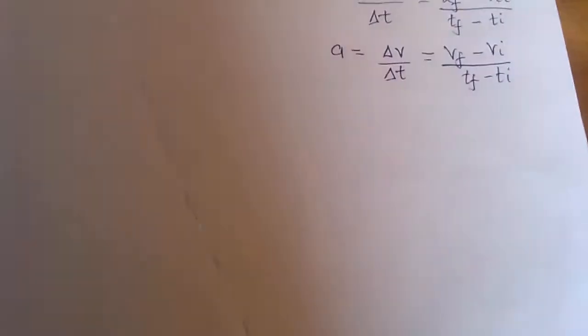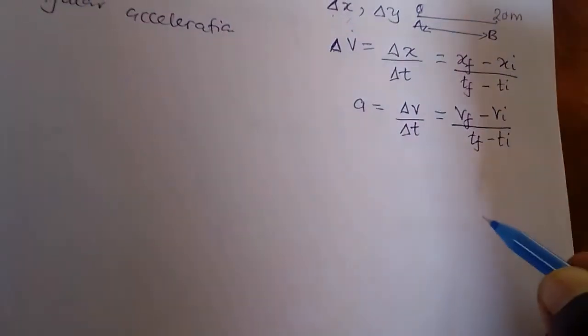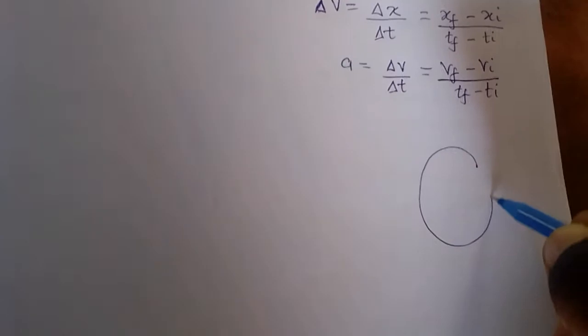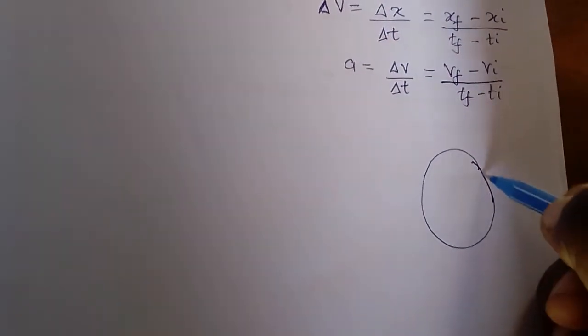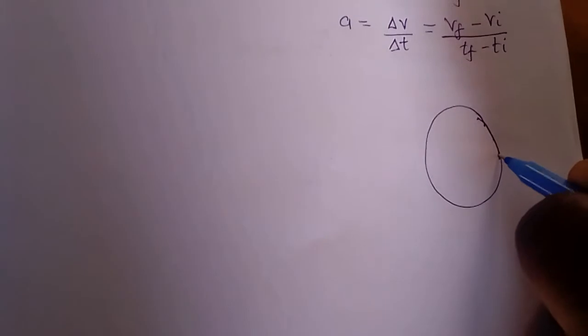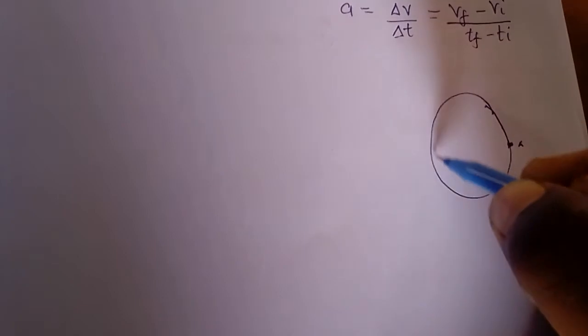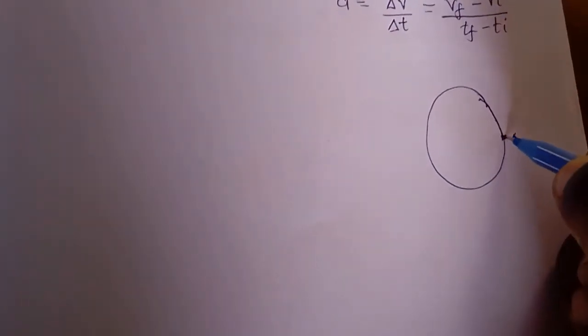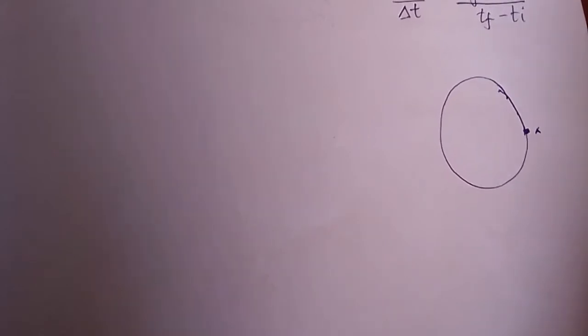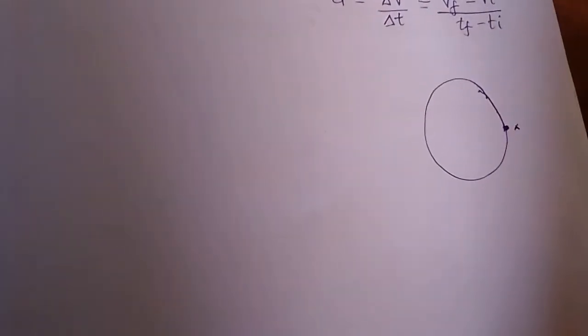Let's take, for instance, a circle, and a car that has moved from a point in the circle, let's say point B. If it goes round the circle and comes back to point B, how much distance did this car or object cover in a circular path?